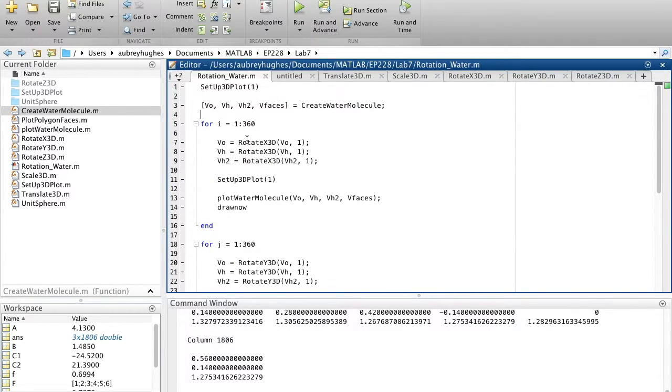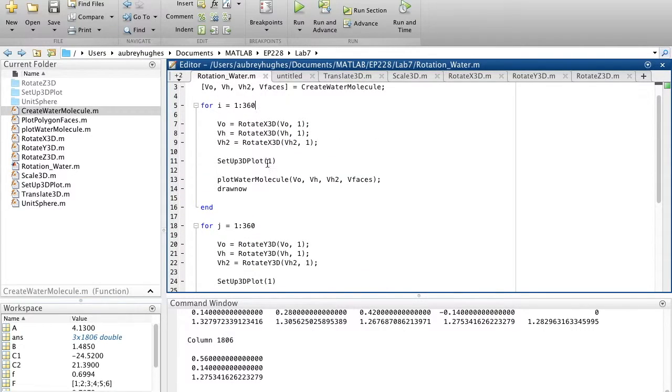And then now for each x, y, and z, I rotate. So this for loop rotates around the x-axis first. So I do VO, my oxygen molecule, I need to rotate it 1 degree around the x-axis. Same for H and H2. And I do this until I is 360, so until it increases by 1 degree 360 times.